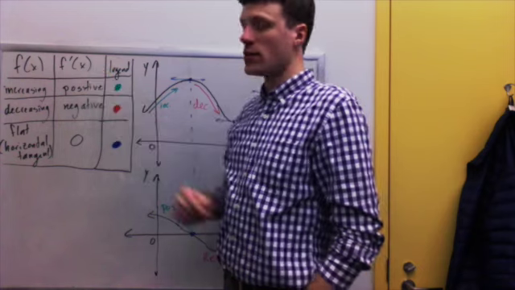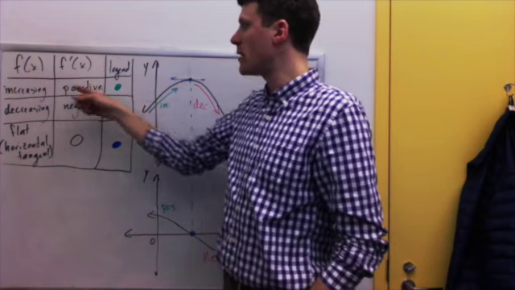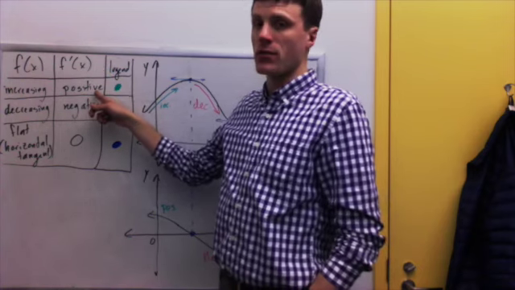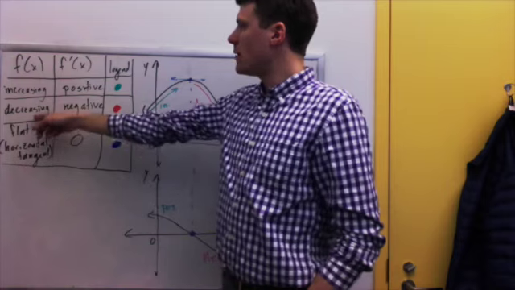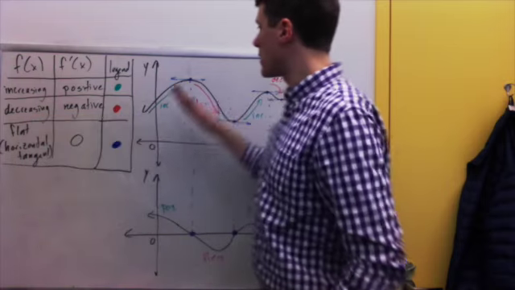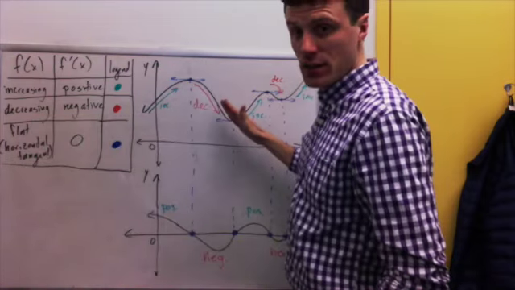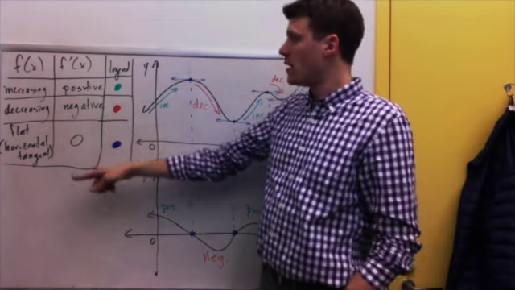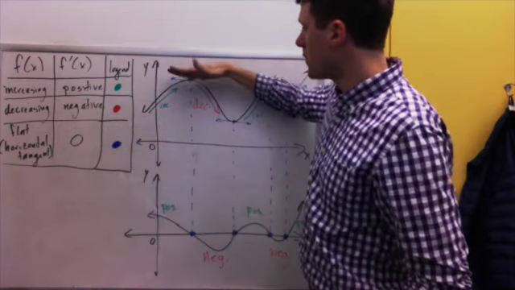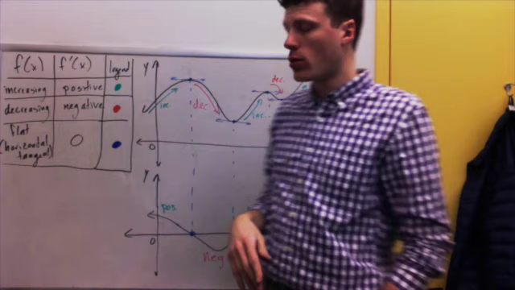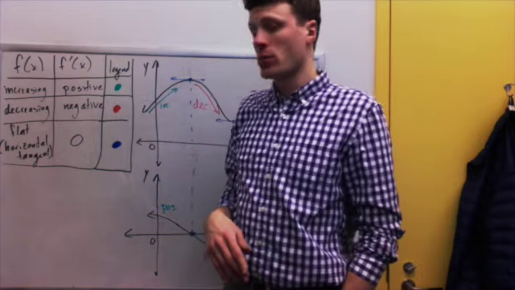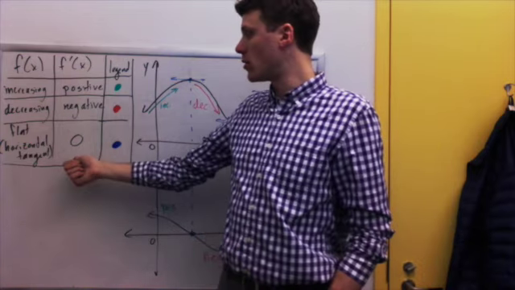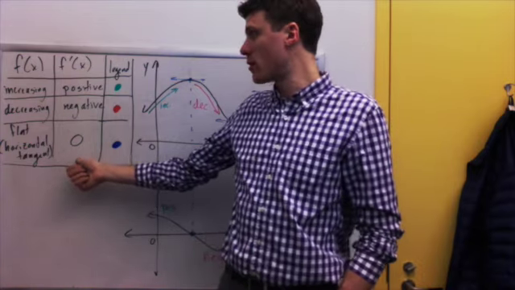Since the derivative is the slope of the tangent line, that means that if f is increasing, the derivative is positive. If f of x is decreasing, then it's got a negatively sloped tangent line. So that means that the derivative will be negative there. Finally, when the function is flat, by which I mean it has a horizontal tangent, well, the slope of a horizontal line is 0, so the derivative will be 0.